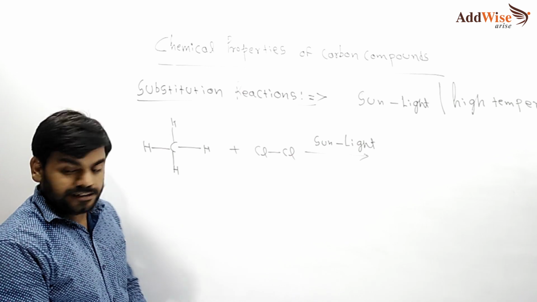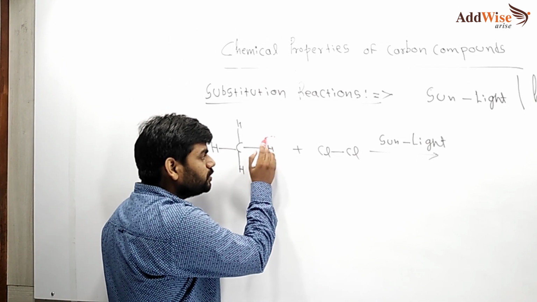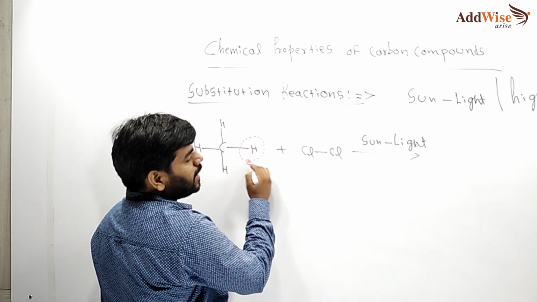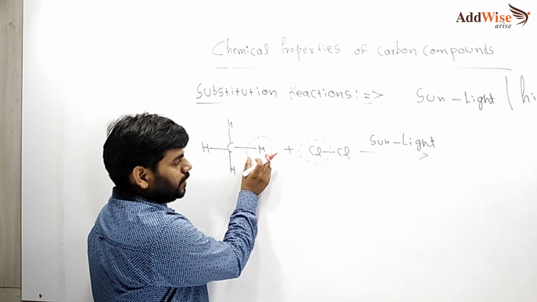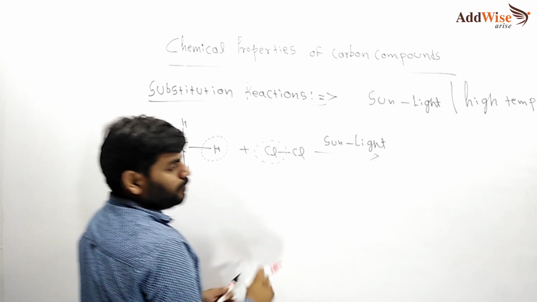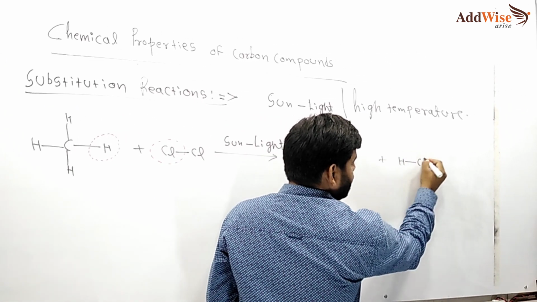Now, how does substitution reaction occur? During this reaction, this hydrogen atom is substituted by one chlorine. So one hydrogen combines with a chlorine and you get a byproduct, HCl.